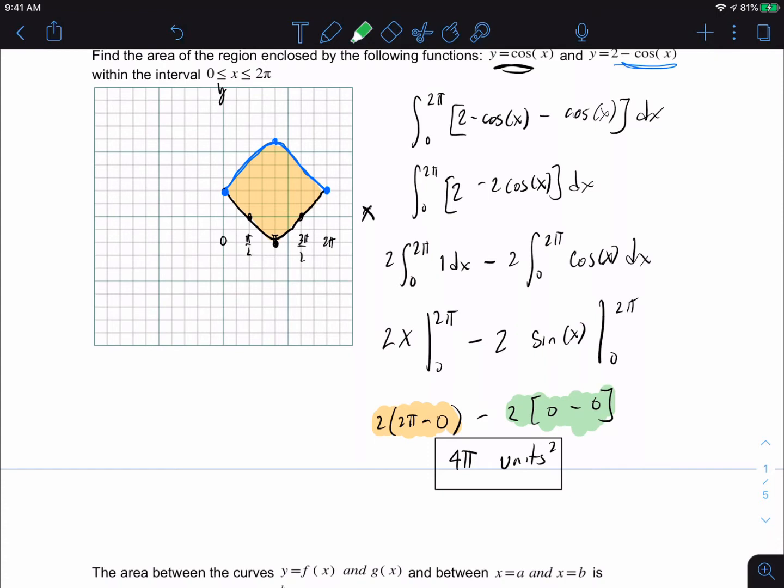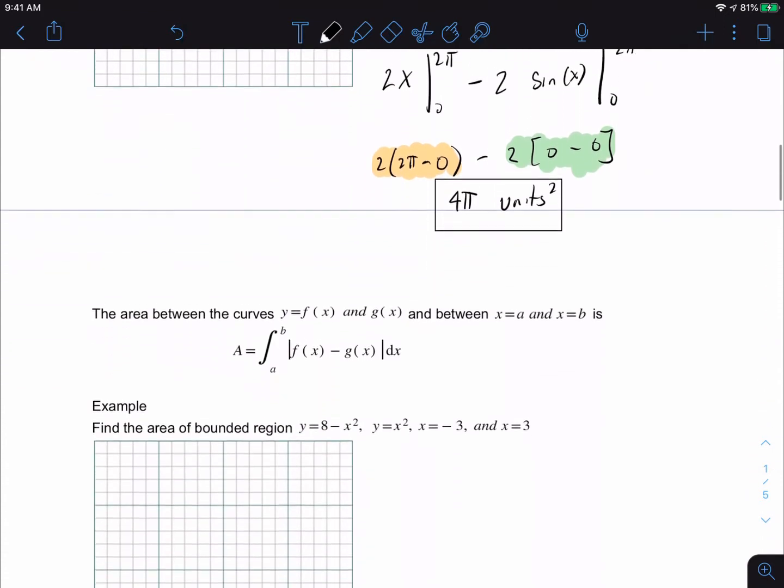That's why I'm subtracting them, because there's a subtraction in between the two functions. We can call that adding a negative, whatever. Okay, all right, let's go on to the next thing.